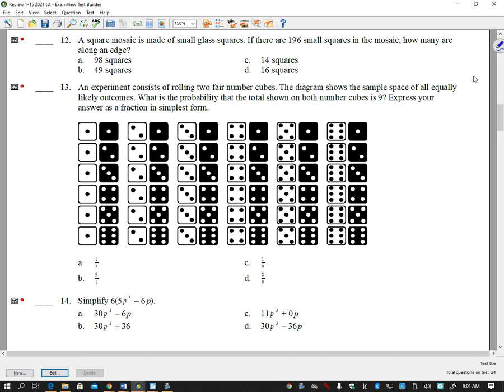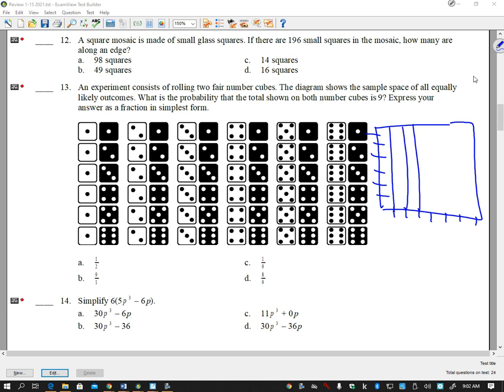So if I can draw on this, all right, it has 196 small squares, right? If I'm making marks along here, granted this isn't going to be 100% accurate, but it should get the idea across to us. There are 196 of those, and it's a square.